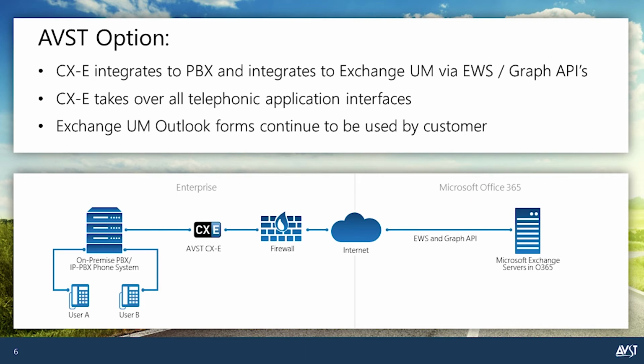That piece can stay the same, so when they play a message, it's still played via that Microsoft provided form, but anytime they use the telephone, that's AVST provided. So it's really a best of both worlds, where all the telephony applications and interfaces provided by CXE are available to the customer, but they can continue to use the familiar Outlook interface that they've been using as a user of Exchange.